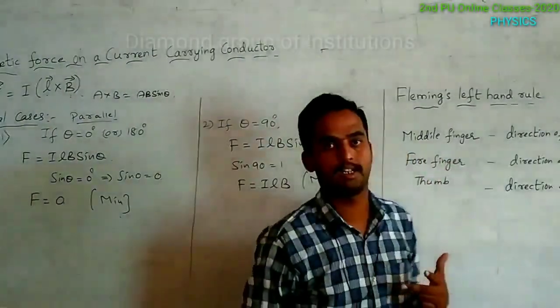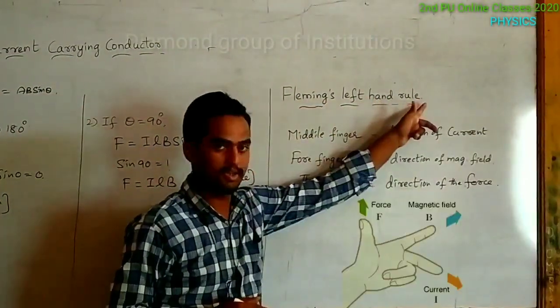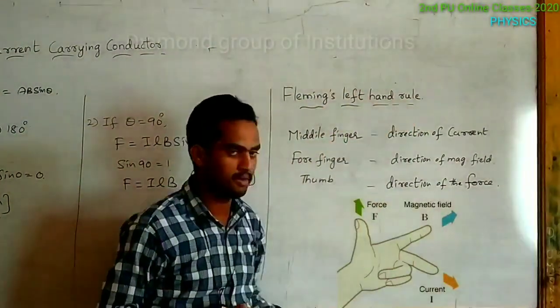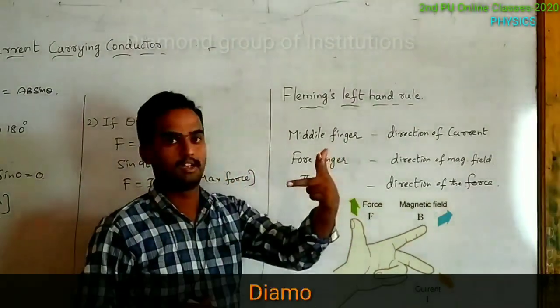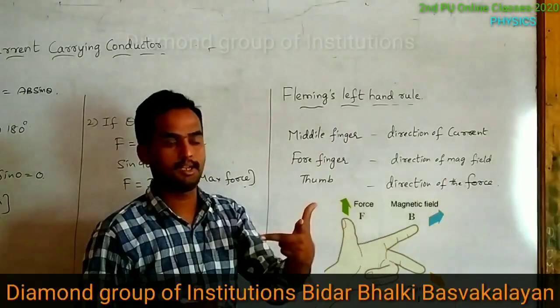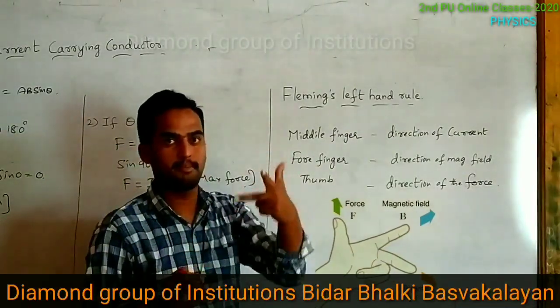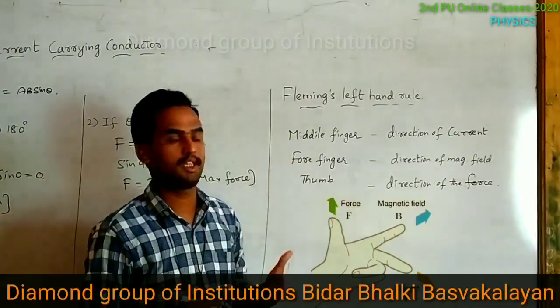You have already studied this at school level. See here, Fleming's left hand rule. The statement of Fleming's left hand rule is: stretch the three fingers of your left hand like this, all three mutually perpendicular to each other.